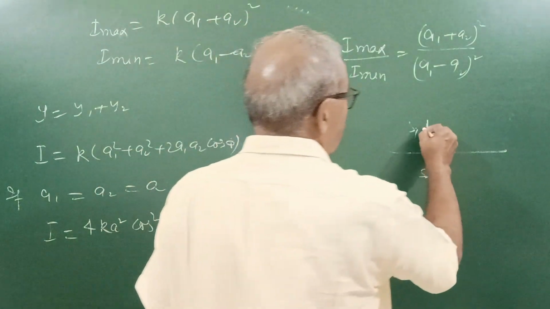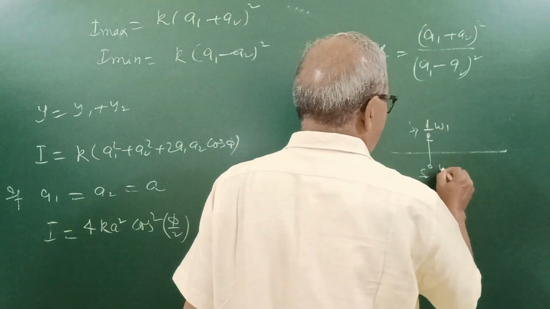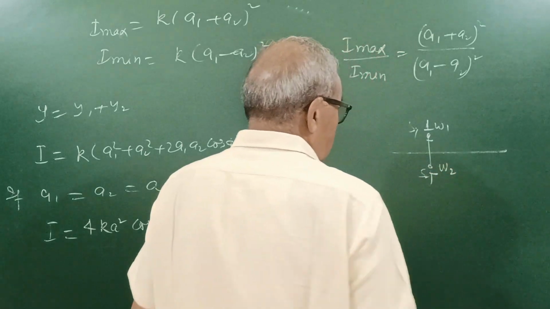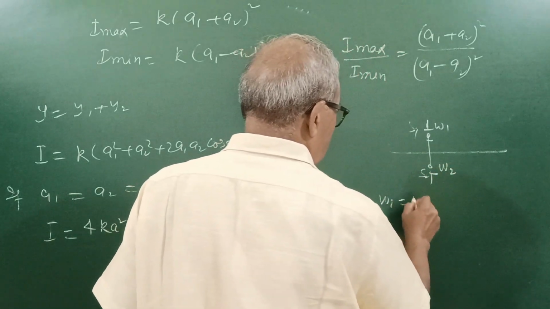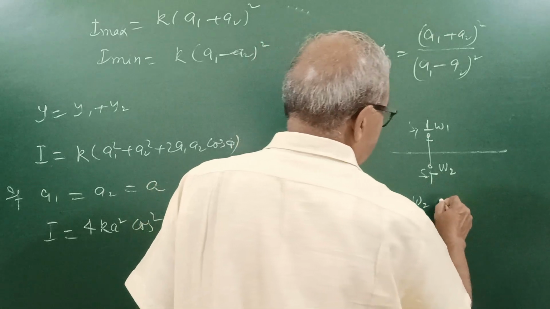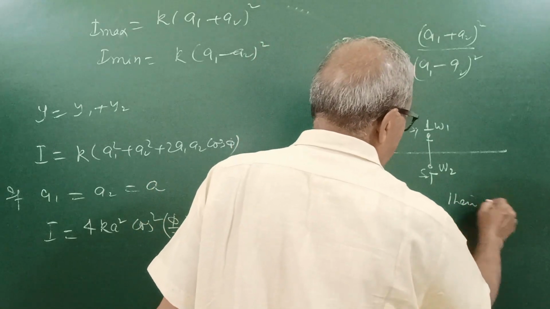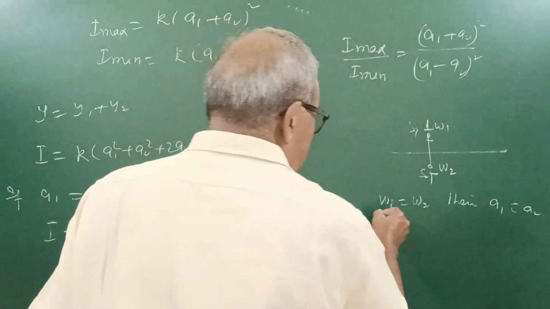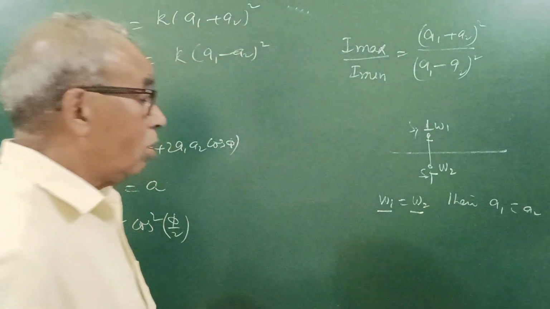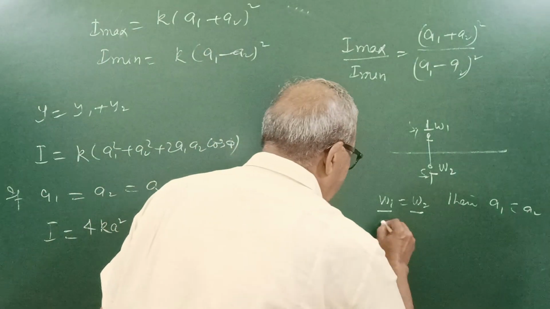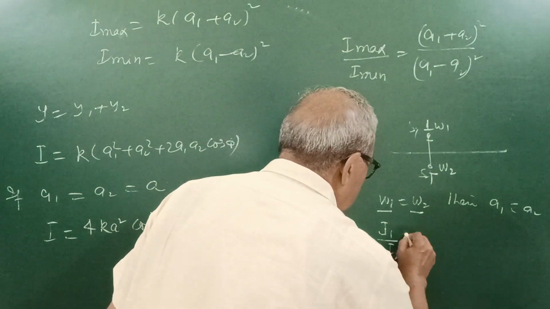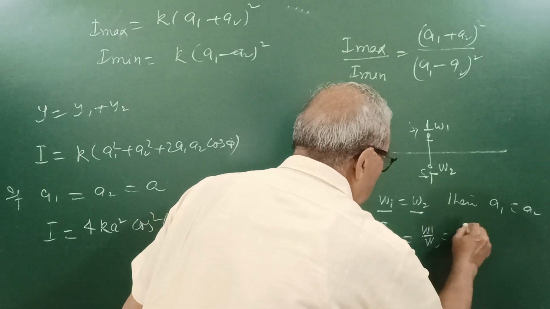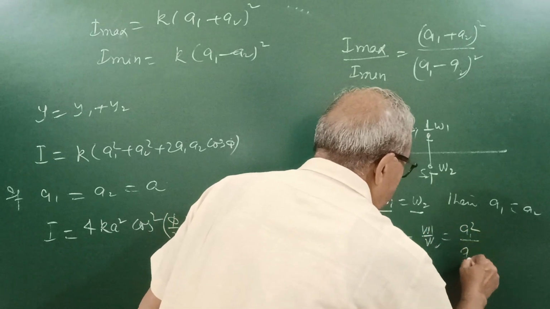So if W1 and W2 are the widths of these two slits and W1 is equal to W2, then A1 is equal to A2. But W1 and W2 are proportional to intensity, that is, I1 upon I2 is equal to W1 upon W2, which equals A1 square upon A2 square.